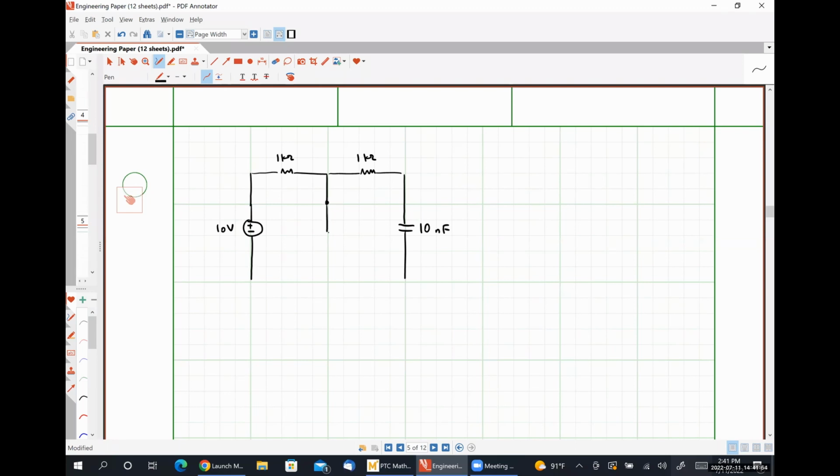And then down this branch, we have a 3 kilo ohm resistor, and we are also going to have a switch. Let's say that this switch opens at t is equal to 0.